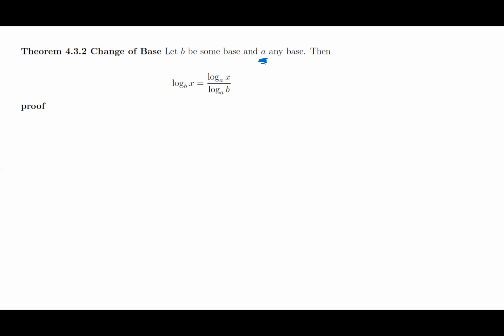All right. So let's start with this expression. y is log base b of x. Now I could rewrite this in exponential form, and now we get b to the y equals x. Now what I'm going to do is take the log base a of both sides.